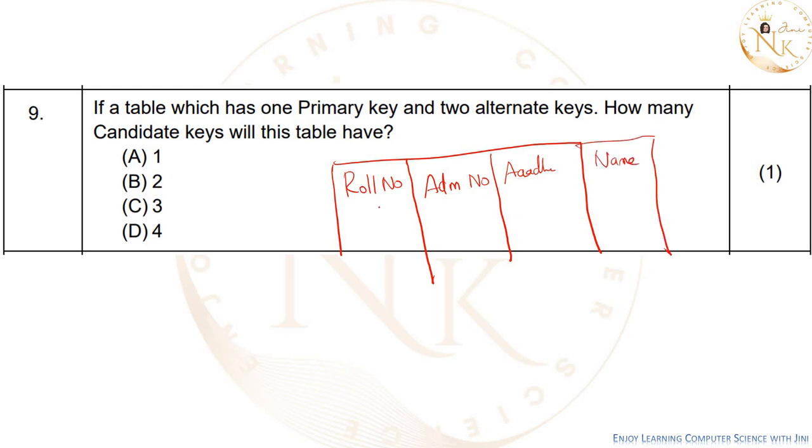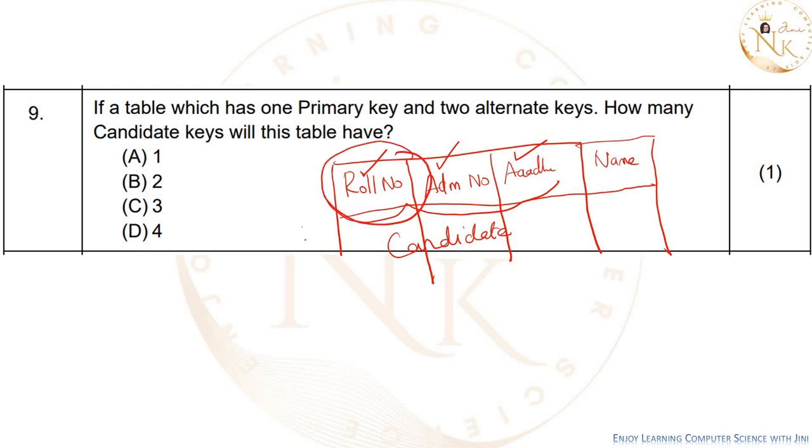So in this table, which are the fields which can be uniquely identified? Roll number will be unique, it cannot be the same for any two persons. Admission number will be unique. Aadhaar number will be unique. So all the columns which can be considered as a primary key will be the candidate keys. All the columns which can be uniquely identified will be candidate keys. Among the candidate keys, we will select one or two as the primary key.